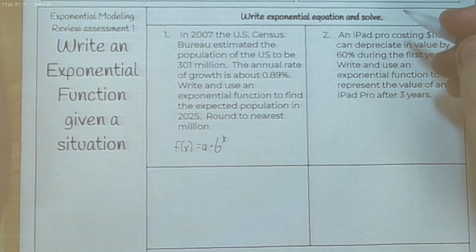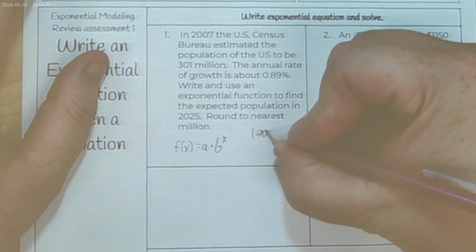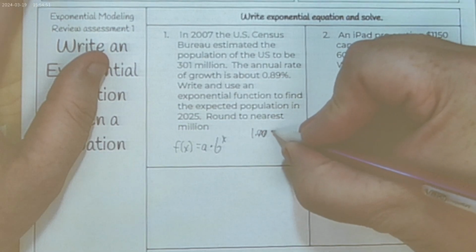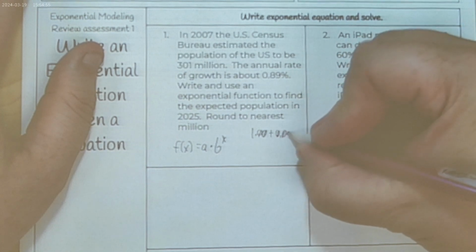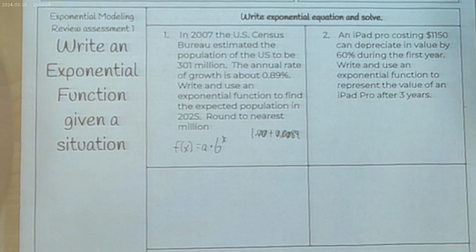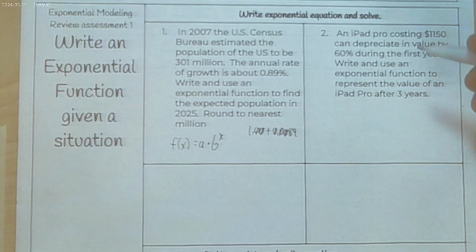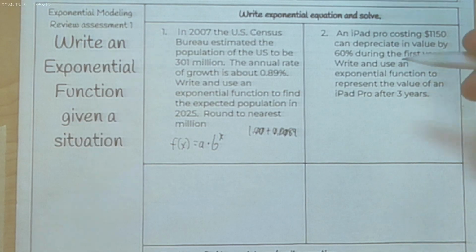What that means is that whatever our break-even point is, 1.00, we are getting 0.0089 more every year. So kind of going back to what I was talking about, whenever we're calculating growth rate, we're trying to go from the percentage of growth all the way back to the parentheses.